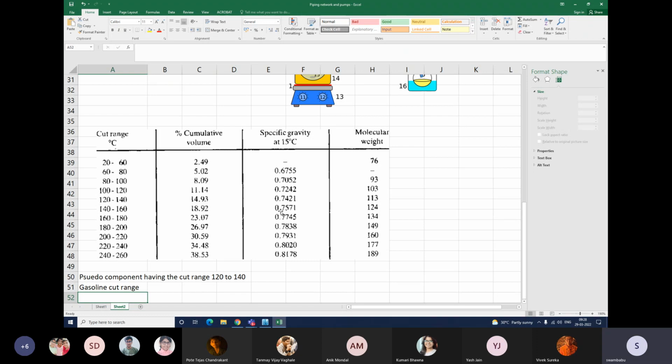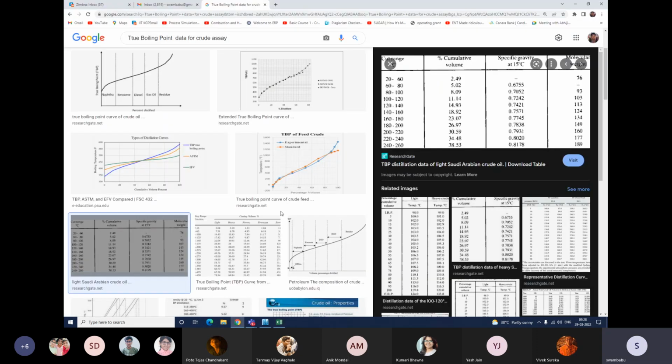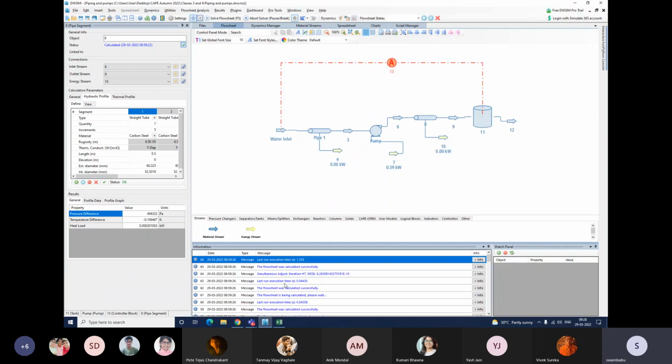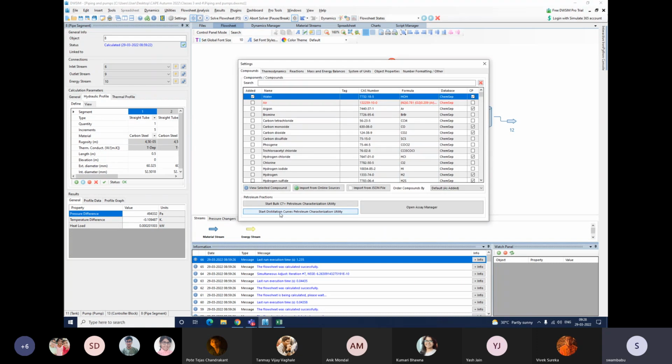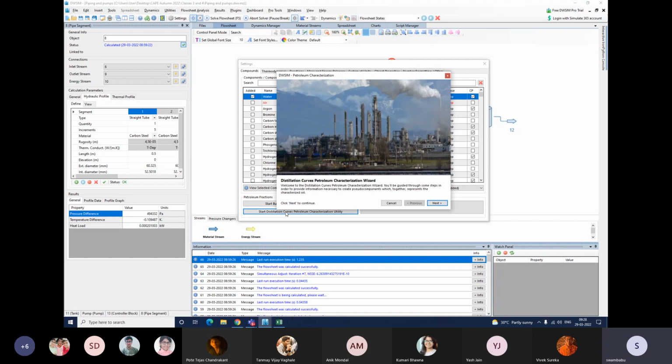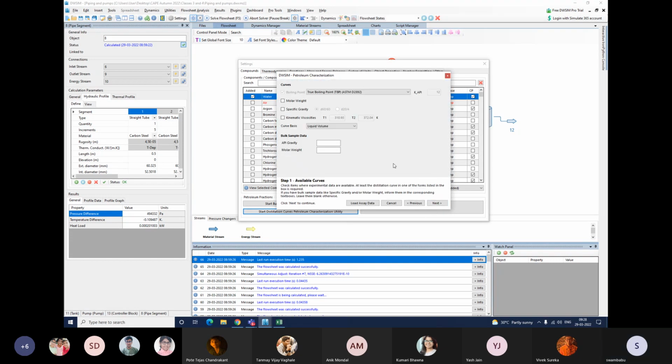So whenever you do these petroleum assays, the crude oil assays, we can go to the settings. Then here you can start distillation curves for the petroleum characterization utility. If you click this, a new wizard will open.